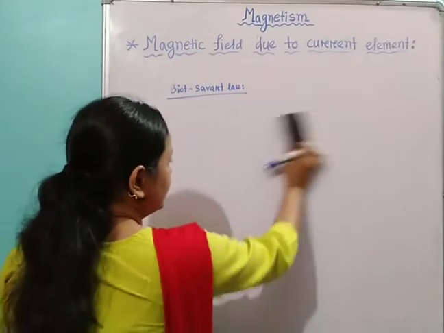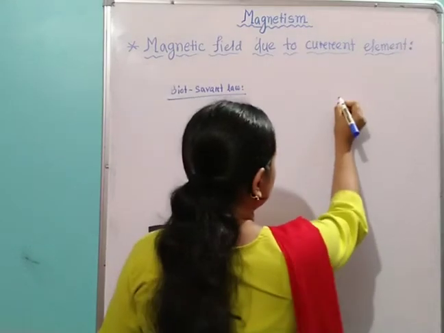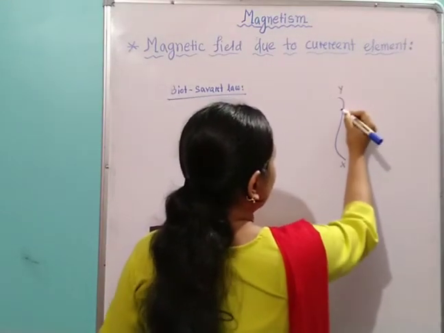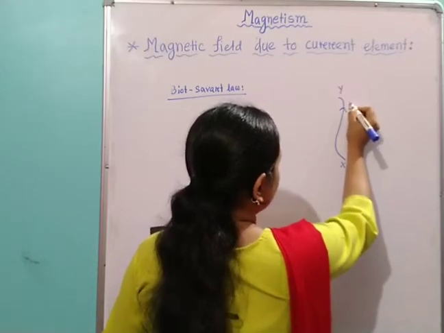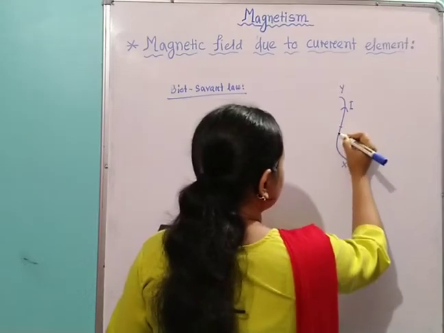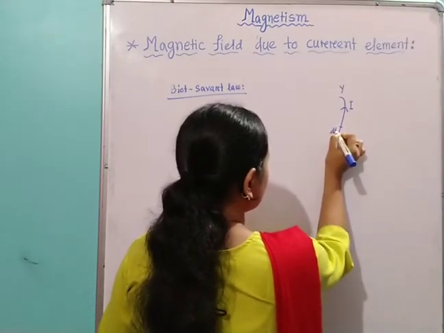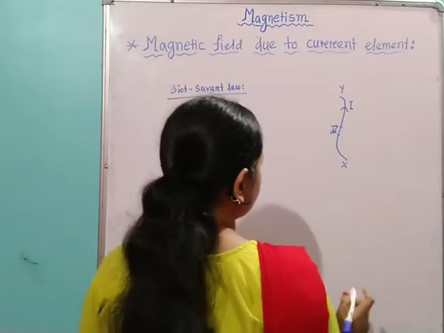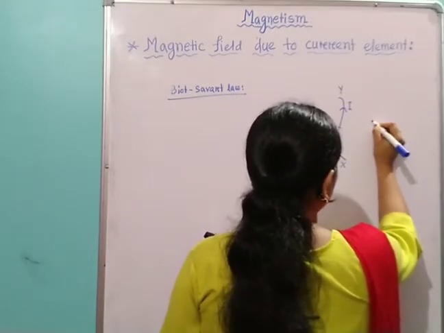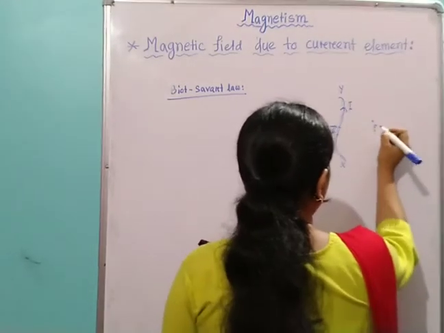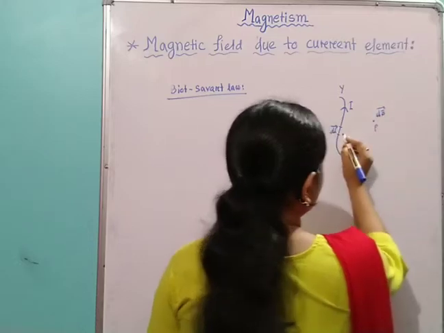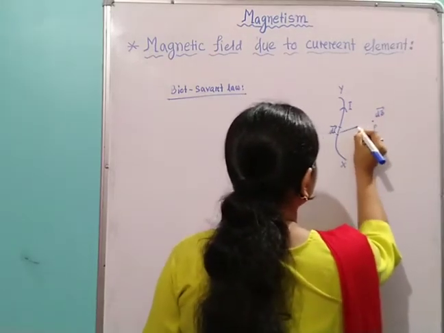Let us consider a current carrying conductor XY carrying current I from X to Y. Let dl be a small length element and P be a point where we have to find the magnetic field dB due to this length element.